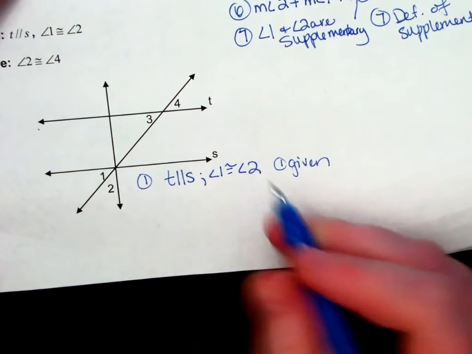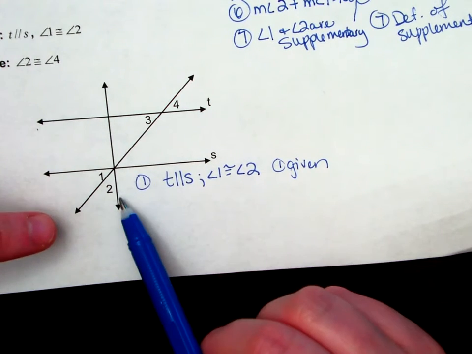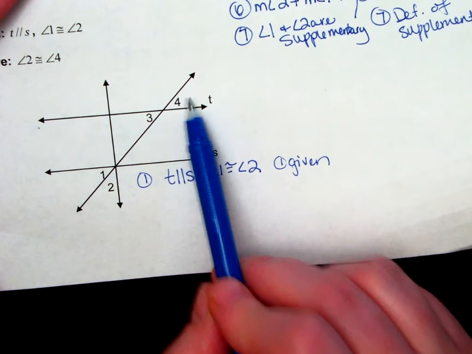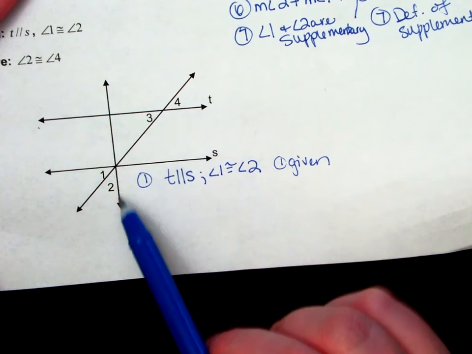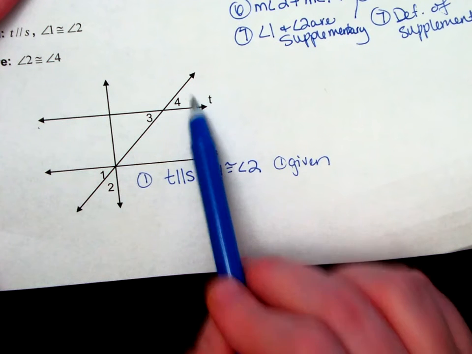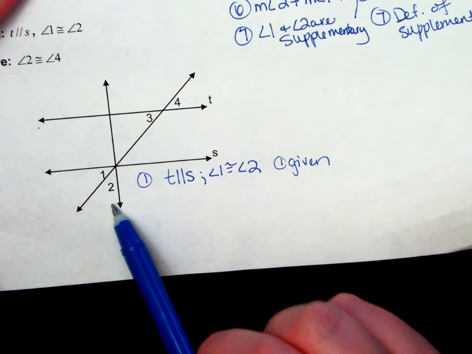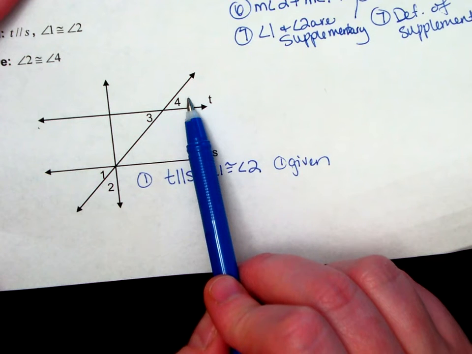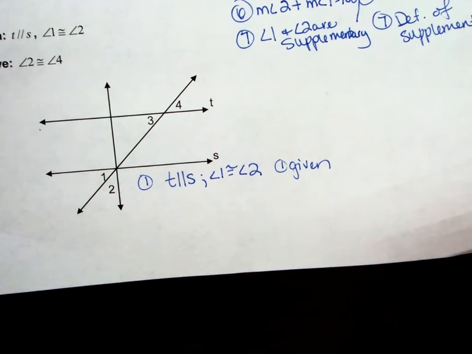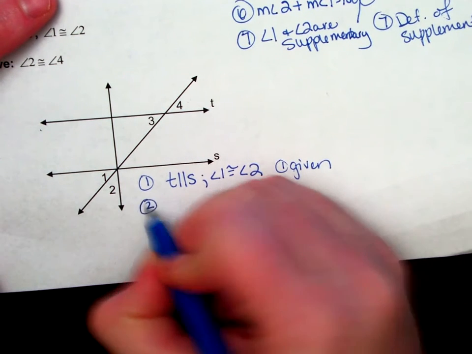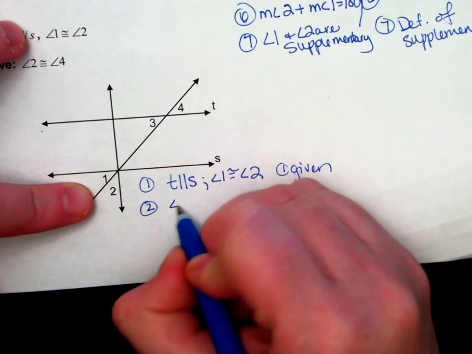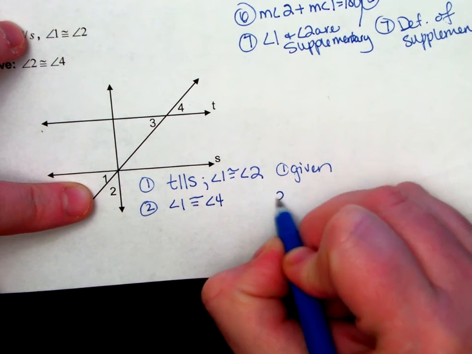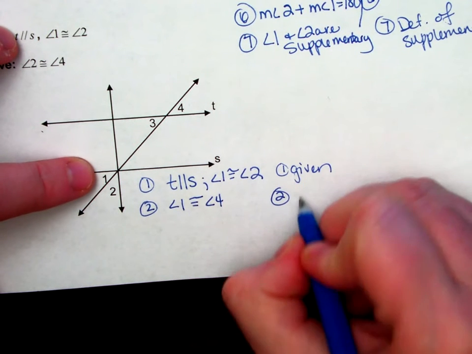Okay. So 1 and 2 are congruent. We need to get 2 and 4 to be in the same line. So angles 1 and 4 are congruent, and 2 and 4 are congruent. Angles 1 and 4 are congruent by alternate exterior angles. So we could do this in 2 different ways. The first way, angle 1 and angle 4 are congruent because they are alternate exterior angles.